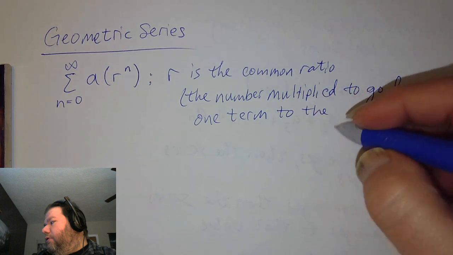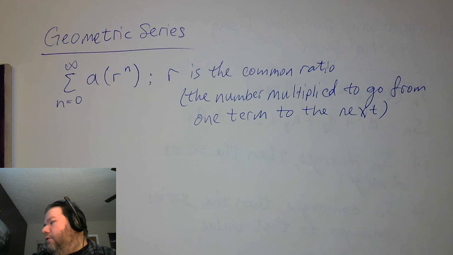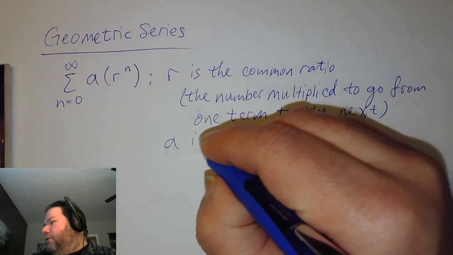And that's why I call it the common ratio, because it'll be consistently applied from each term to the next throughout the series. And a is the first term of the series.